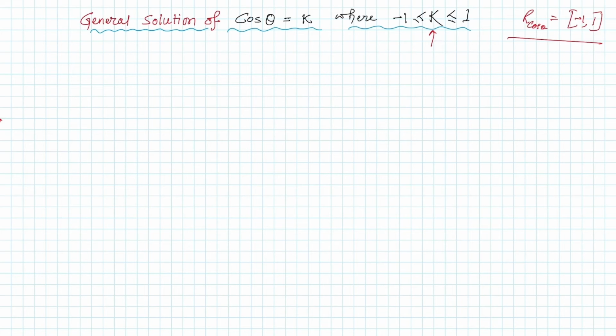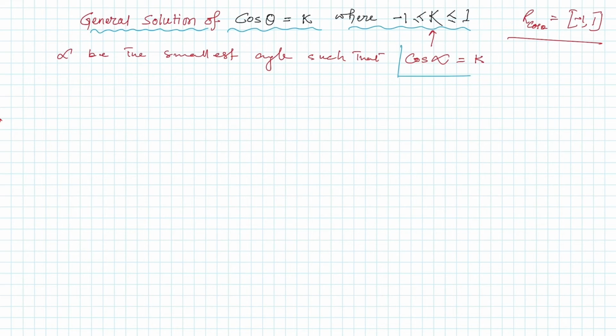Okay, so let us suppose alpha be the smallest angle such that cos alpha is equal to k.